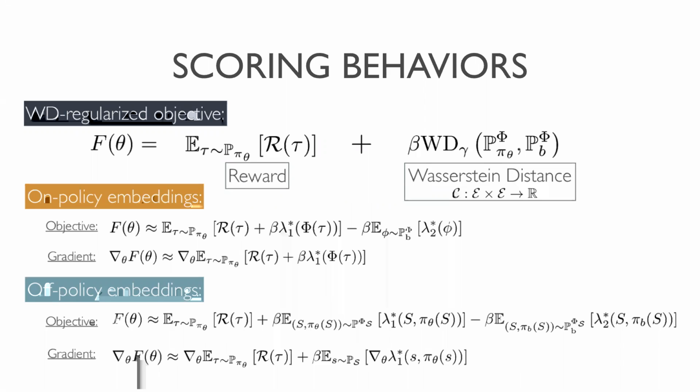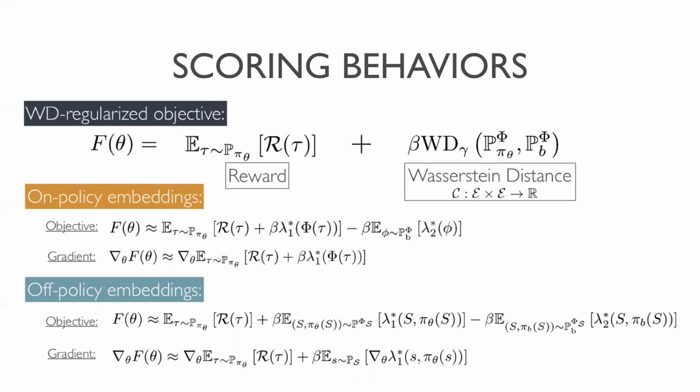It's made out of the reward signal, which is not necessary, but some of the algorithms we propose look like this. Then you have a regularizer that corresponds to a Wasserstein distance with respect to some base distribution, and a regularizer beta, which could be positive or negative, depending on if you want to be close to the reference distribution or embeddings, or to be far away from it, to encourage exploration, for example.